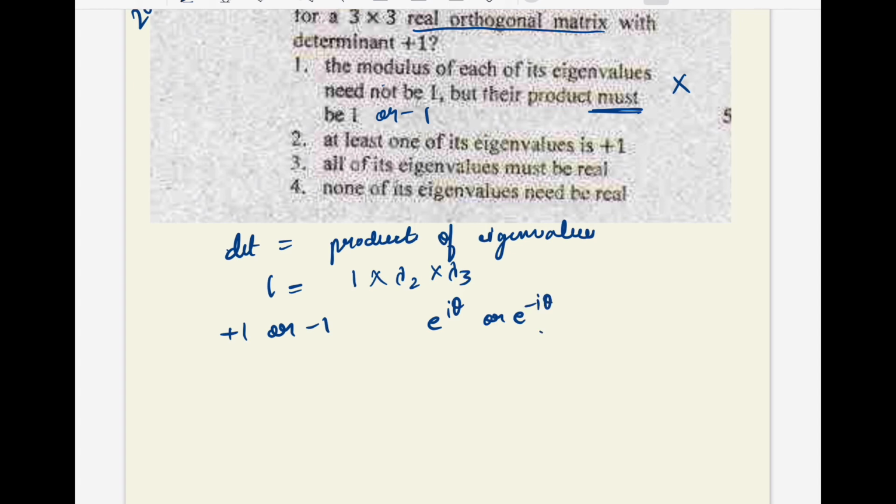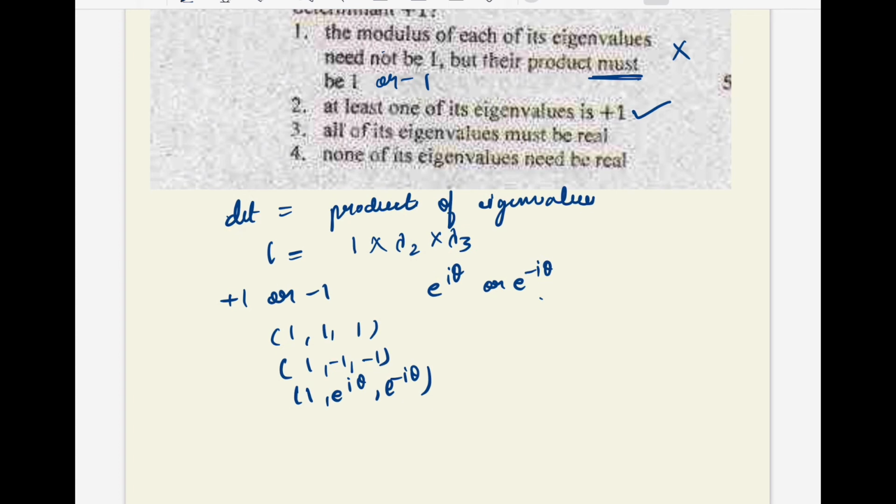When we multiply these two, what we get is 1 only. So possible combinations of eigenvalues are 1, 1, -1, or -1, 1, and e to the power i theta, e to the power minus i theta. So +1 is a constant eigenvalue. At least one of its eigenvalues +1 is true for our case.